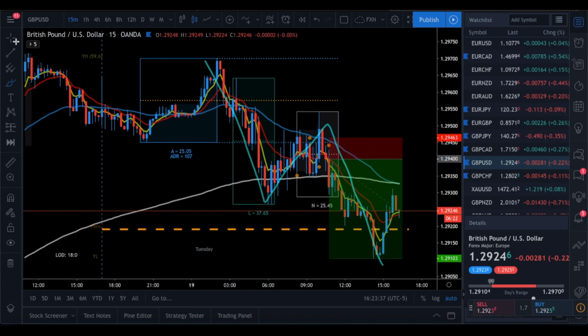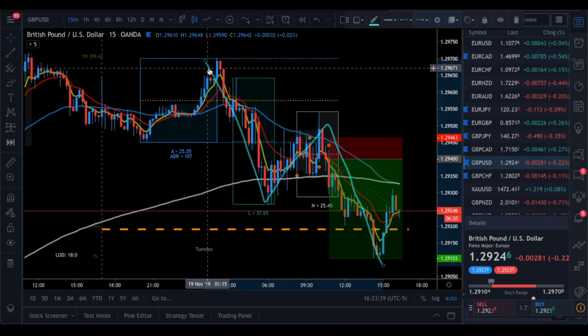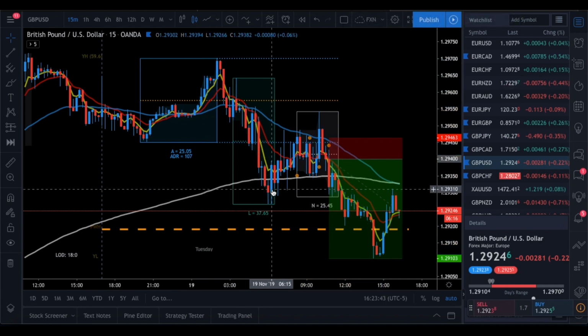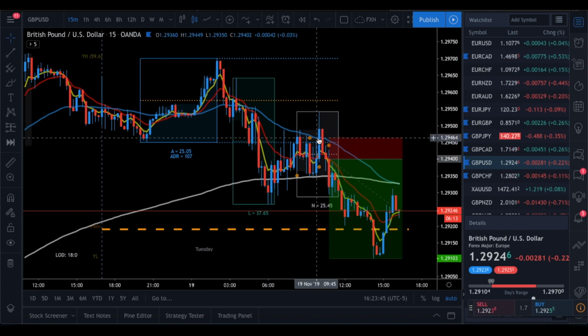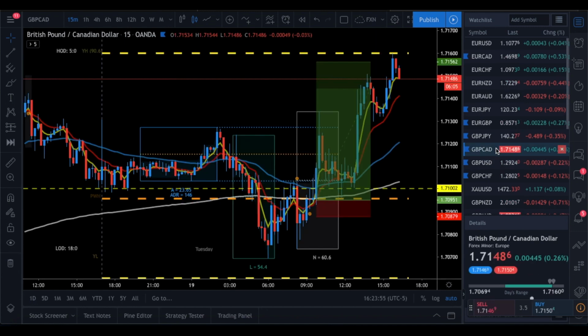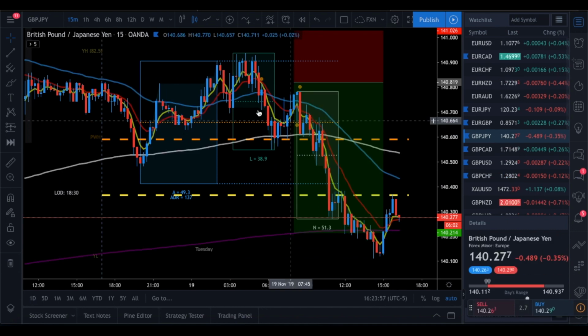Okay, this is not a trade setup here that you could have traded for the London session. The trade setup came as basically a continuation trade setup here. And it went right back down again. All right, pretty much like what the other pound pairs did. Okay, continuation trades.